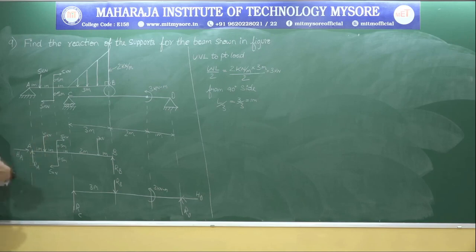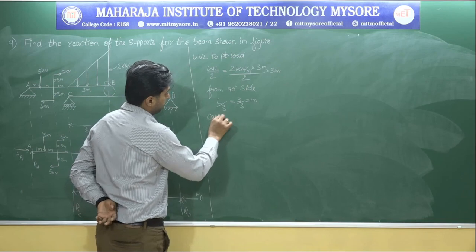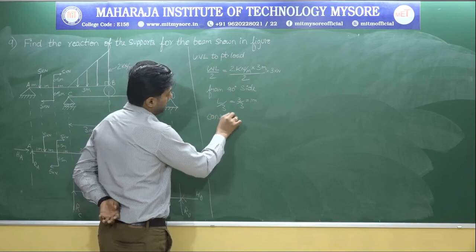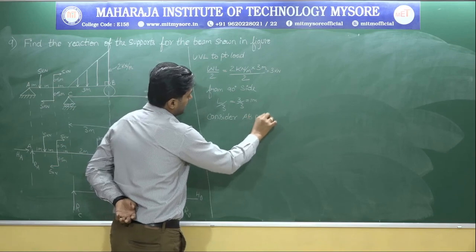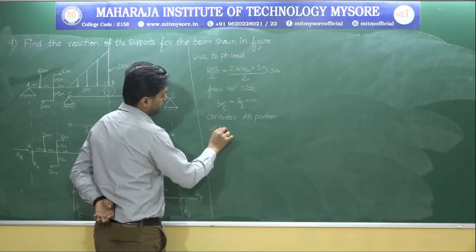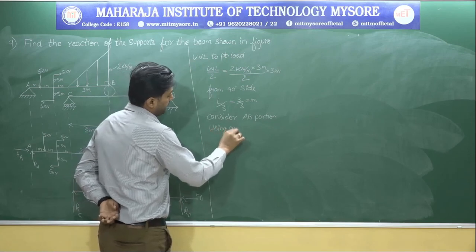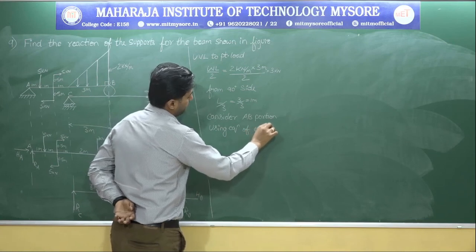So take AB portion first. So let me go with consider AB portion using equations of equilibrium.